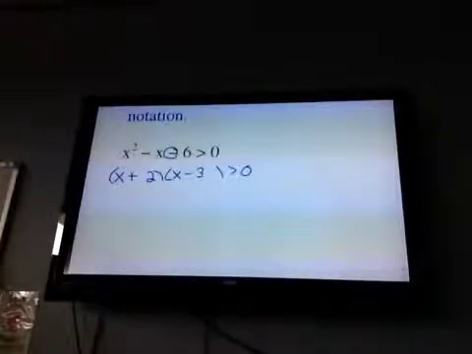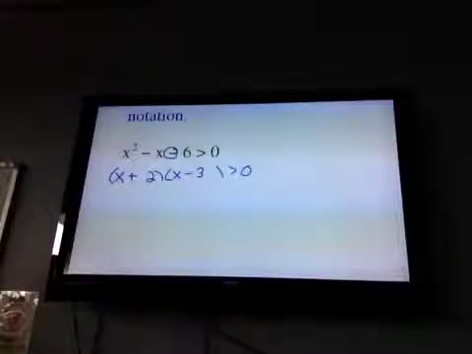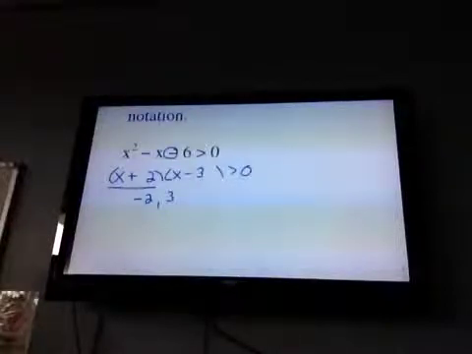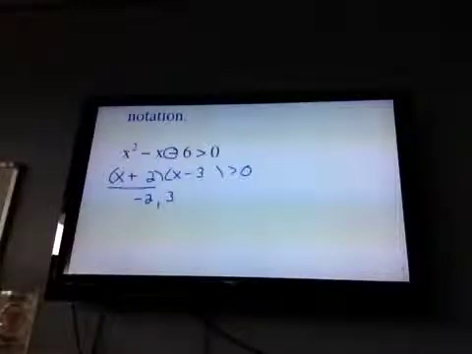So, what would my solutions be? This one would give me negative 2, and the other one would give me positive 3. So you still have to find your zeros. Okay? So it's kind of a weird process to get our answer, but this works really nicely.